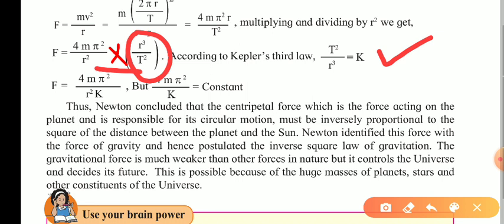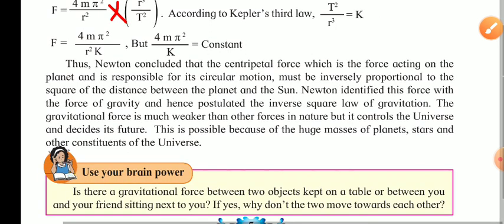There we studied that the square of the period of revolution of the planet around the sun is directly proportional to the cube of the mean distance of the planet and sun. So in this, on solving, we are getting F is equal to 4 m pi square upon r square into k.